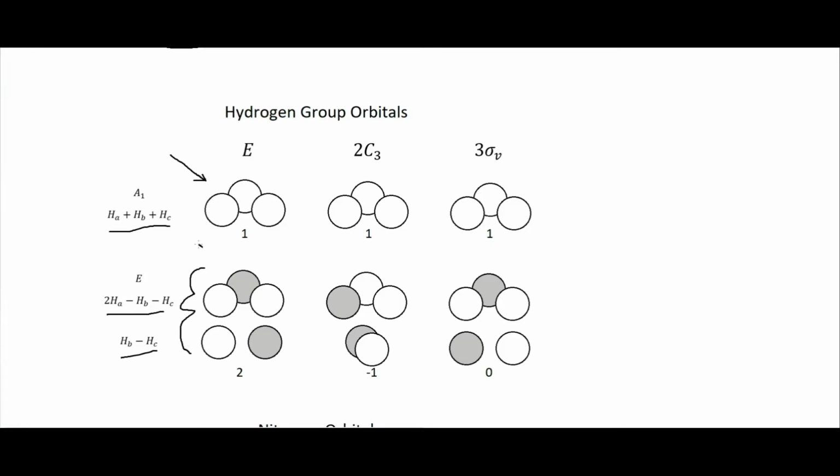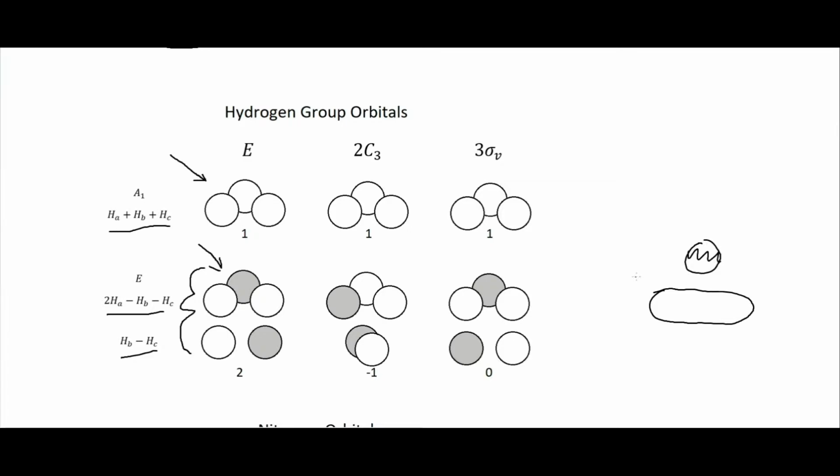So the first one here has a single node, and the node goes between the two white ones and the dark one here, because you can think about it like the two white ones are the positive part of the wave function, and then when we go to the other one, it's the negative part.